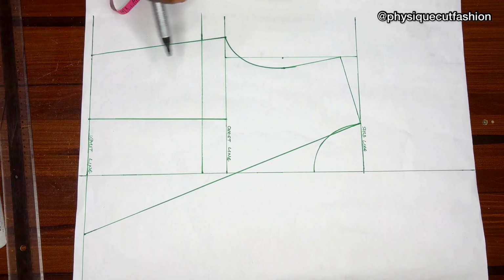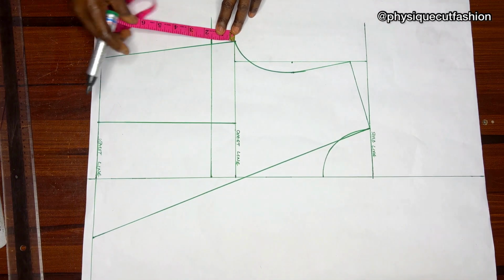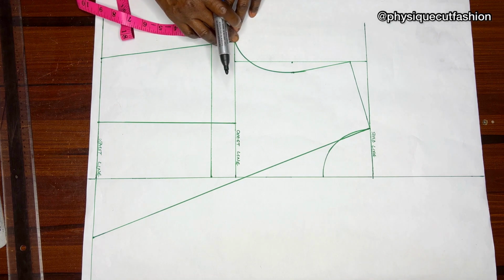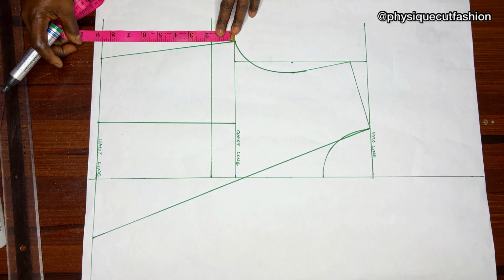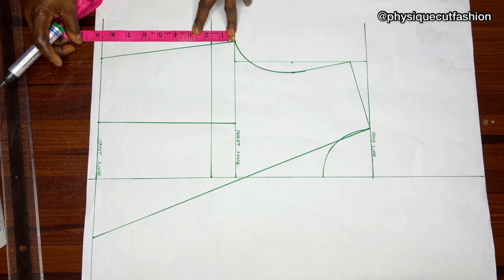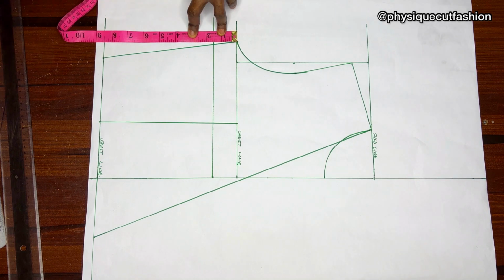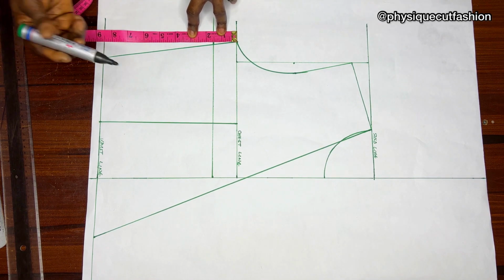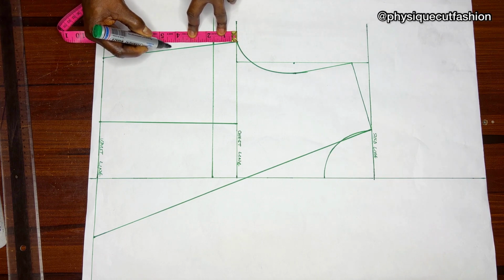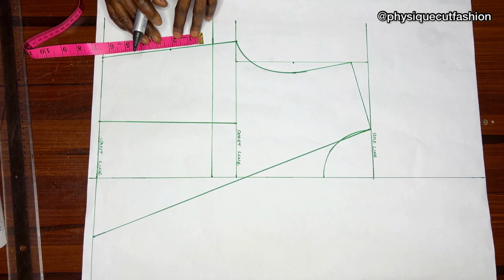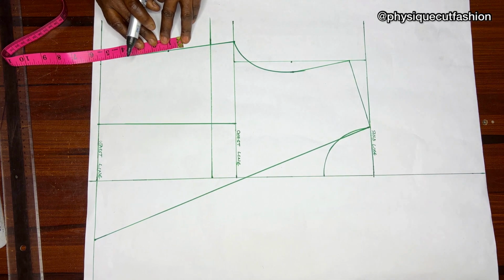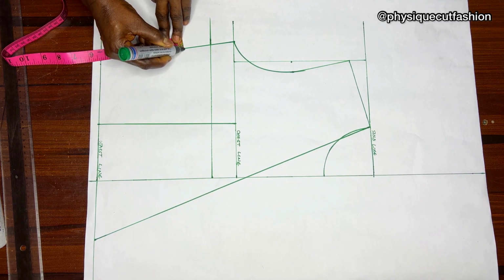So to get our bust dart now, you measure what you are having here, that is from this chest line to the waist line. We have 8.5. So we divide 8.5 by 2, it gives us 4.25. Here we have our 4.25. This is it. So on this 4.25, you step up with 1 inch.